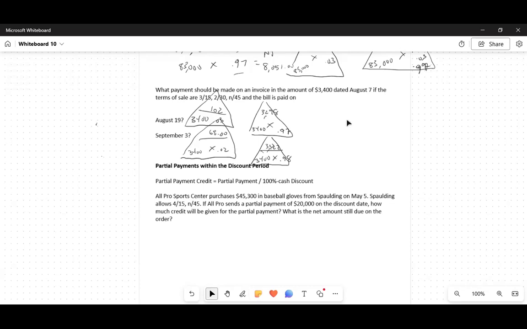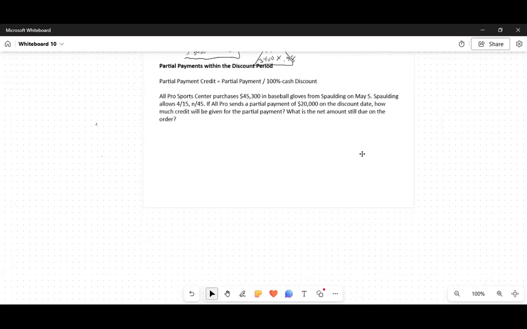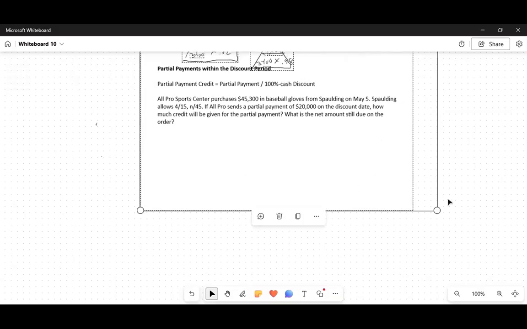All right, the next problem is where most students struggle, and this is what we call partial payments. So let's just say you have a cash discount and you decide to make a partial payment before the discount date. In this case, that means you're going to get a discount on the portion that you paid. So what kind of discount would you get?